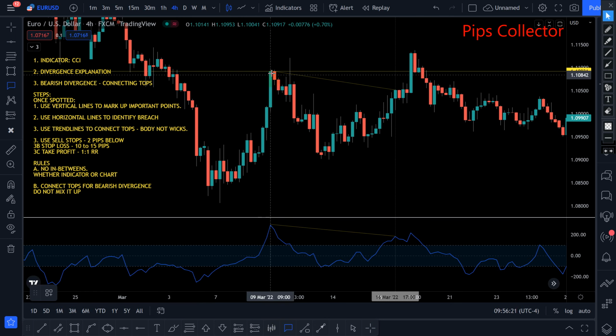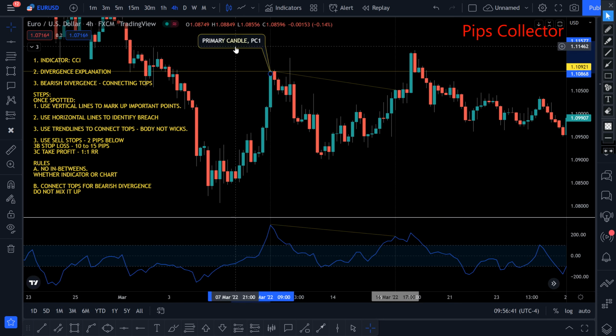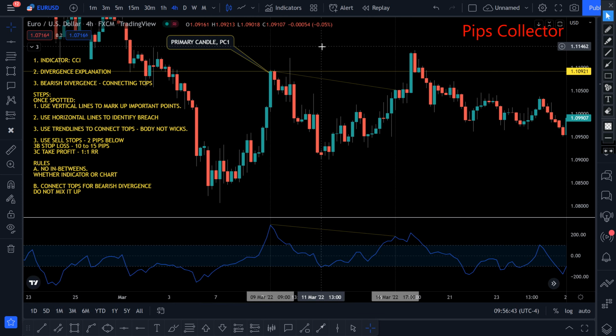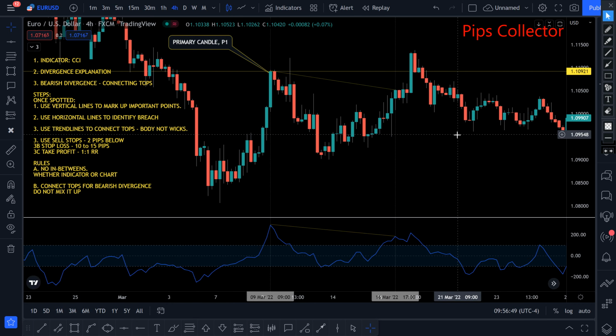Remember, this is your primary candle. Let me label it again. P1, okay, primary candle PC1, okay, primary candle 1 or point 1, P1, point 1.